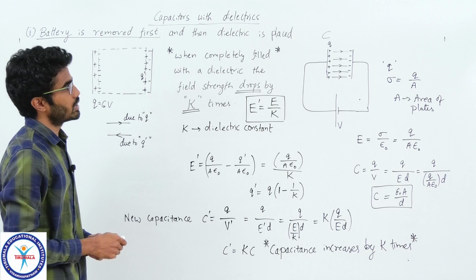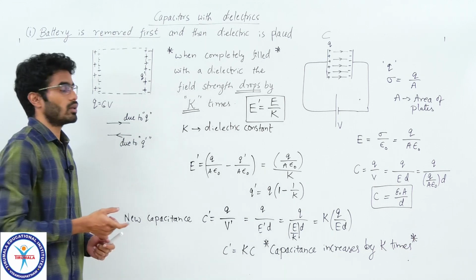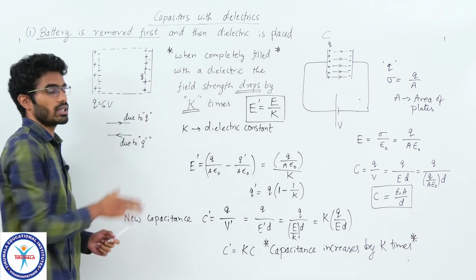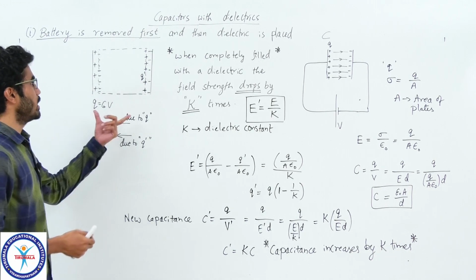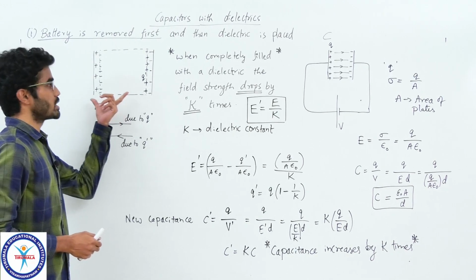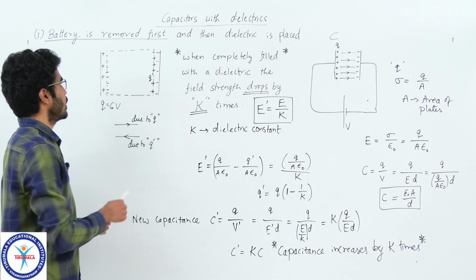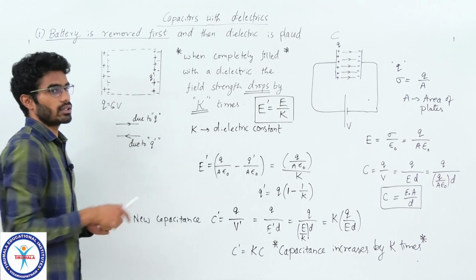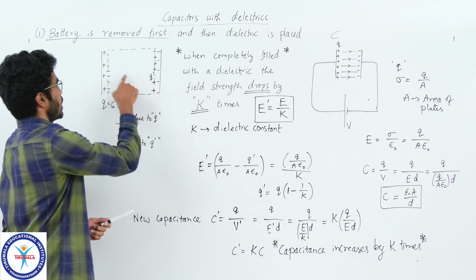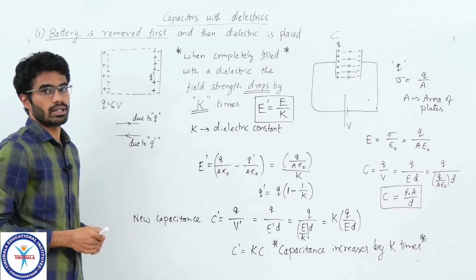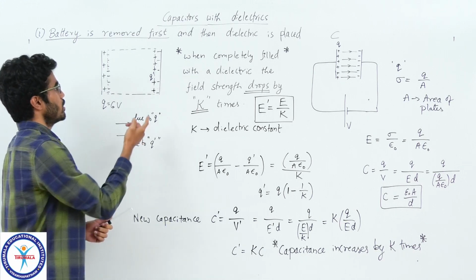Dielectric materials get polarized due to the field present between the plates of the capacitor. Due to the electric field between the charges here, the molecules within the dielectric get polarized, and this results in surface charges appearing on the dielectric on either side.